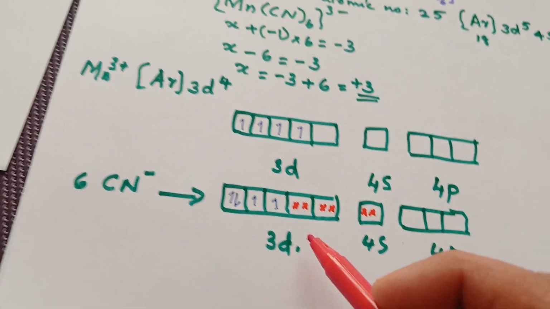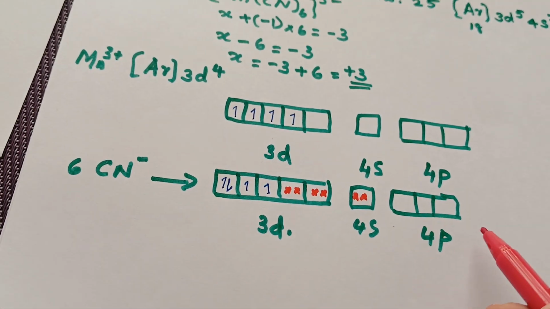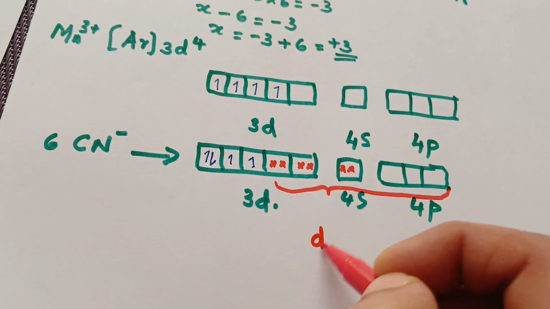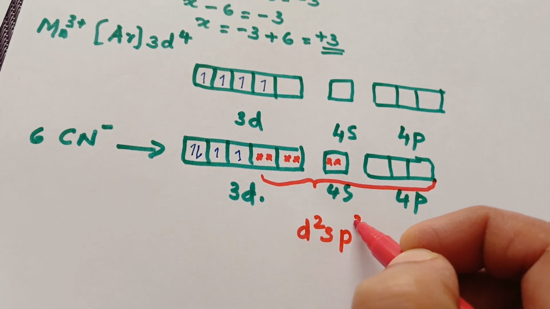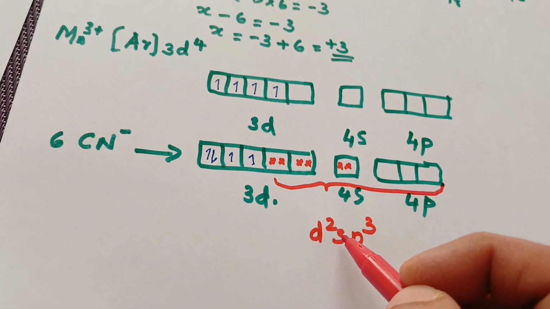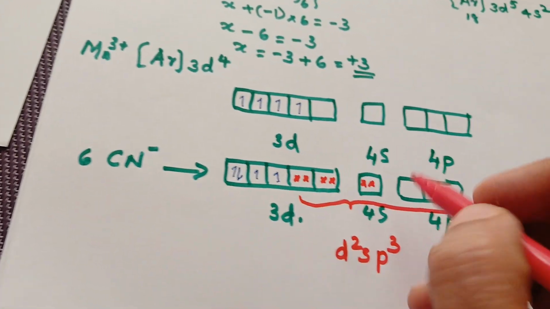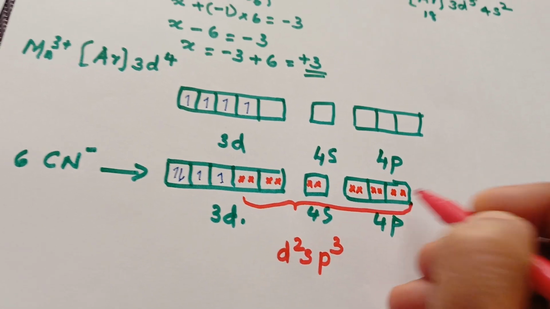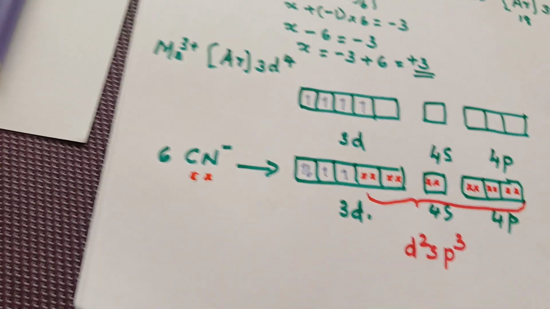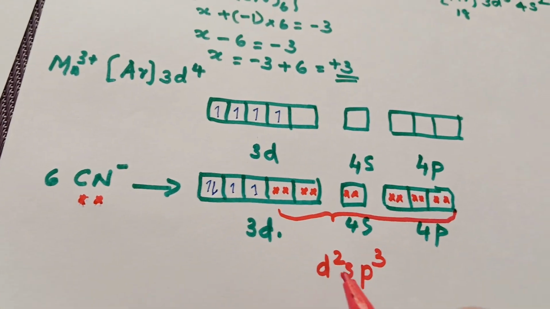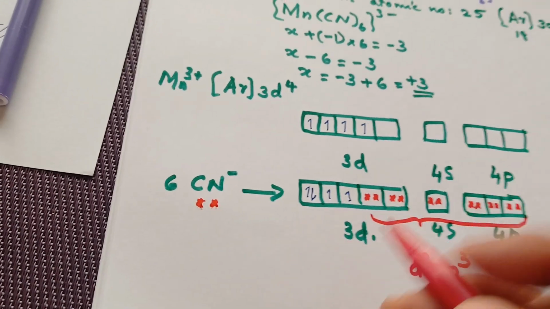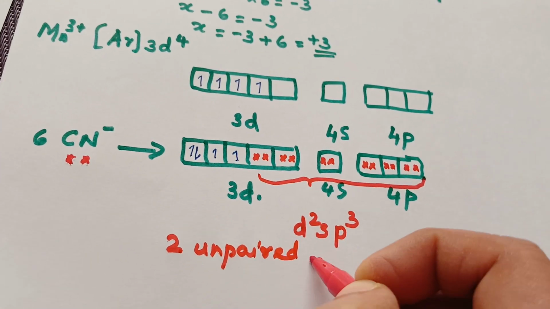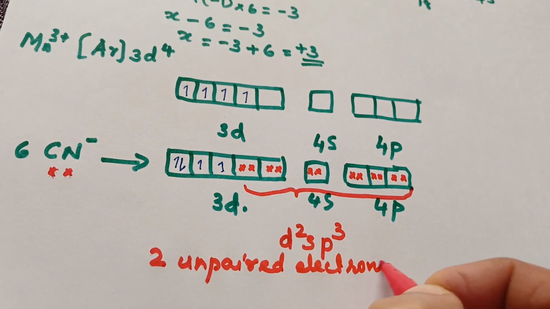It will be d2sp3 hybridization. d2sp3: 2 plus 1, 3, plus 3, 6. So the 6 cyanide ligands can come in here. So that will be a d2sp3 hybridization with 2 unpaired electrons.